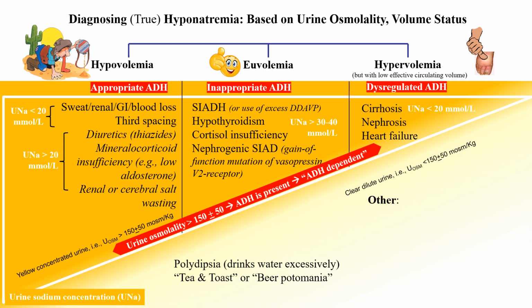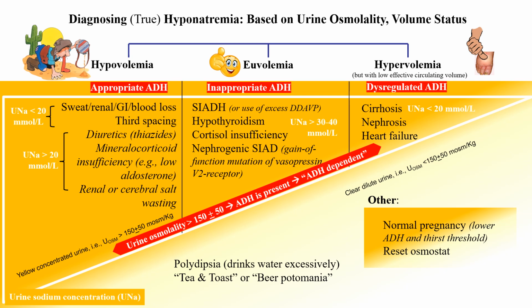There are other hyponatremic conditions that are considered normal for the affected individuals. Mild hyponatremia is expected in normal pregnancy. This is because the threshold for thirst and ADH release is lowered in pregnancy. Some individuals may have been born to live well at a lower level of plasma osmolality or sodium compared with that of the general population.